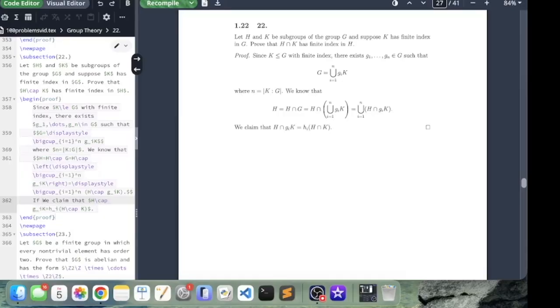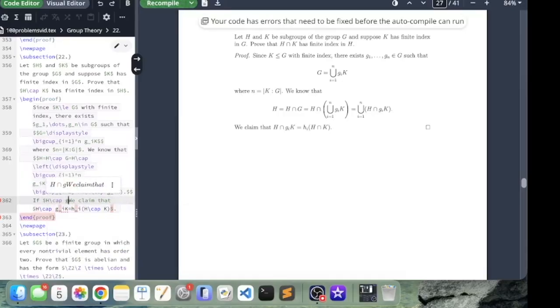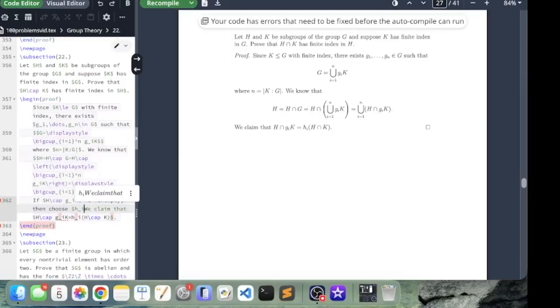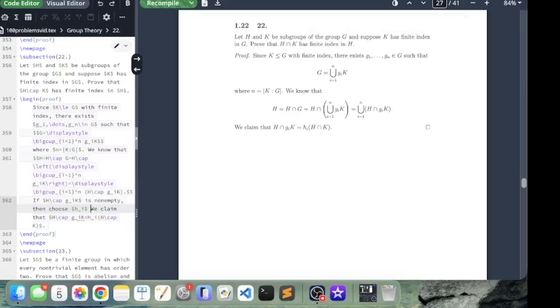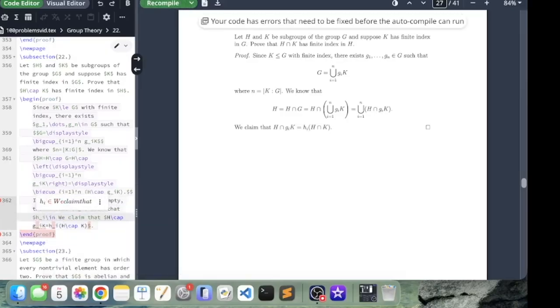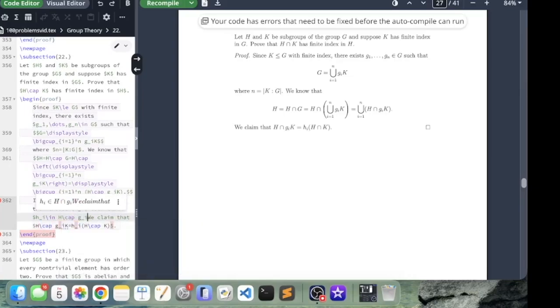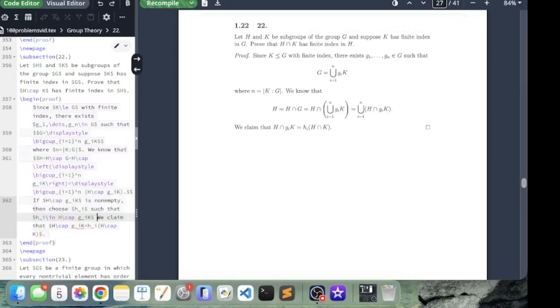So if that intersection is non-empty, then choose h_i such that h_i is in H and h_i is in g_i K, the left coset.